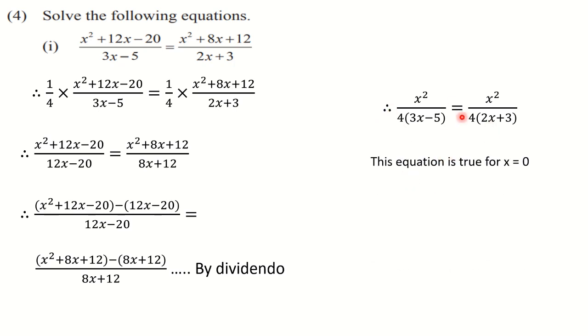So this equation is true for x equal to 0, and therefore x equal to 0 is one solution. Don't forget to do this step. We must think of this value, what values x can take, because we want to solve for x. So think about this also: if x is equal to 0, then LHS equals RHS. That means x equal to 0 is one solution.